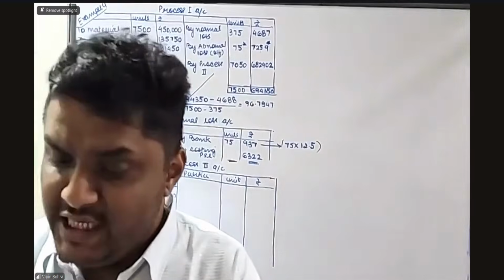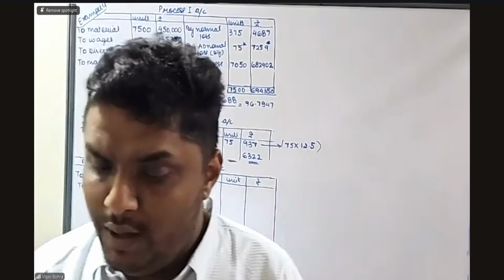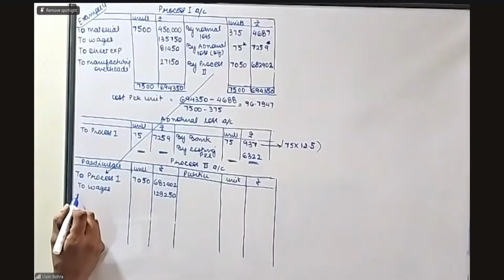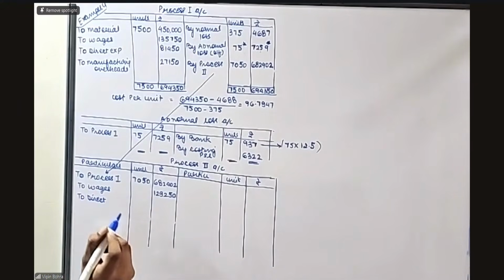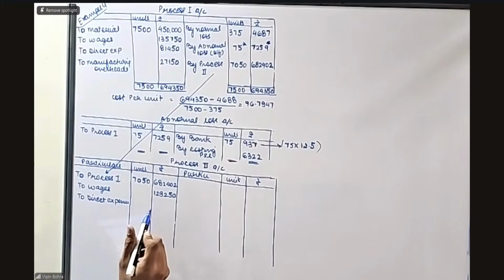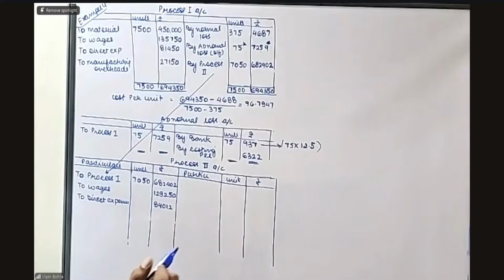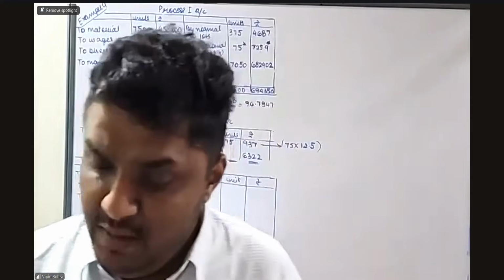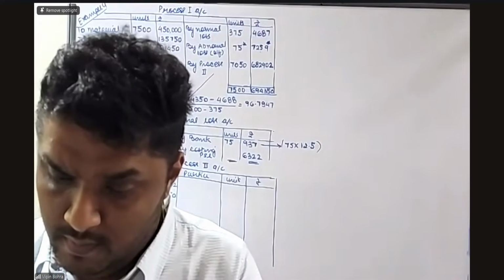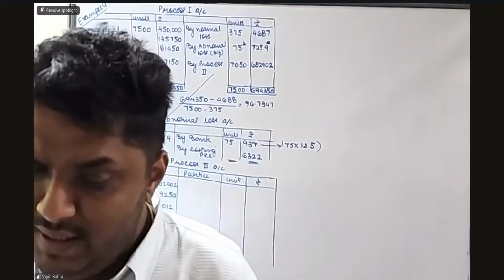Now, direct expenses are 65% of the direct wages. So it is 84012. Next is manufacturing overheads at 15%. So it is 19387.